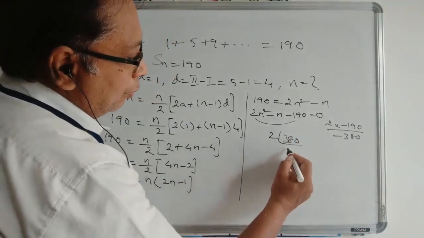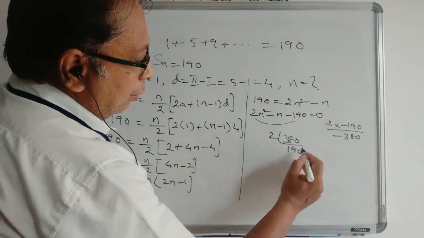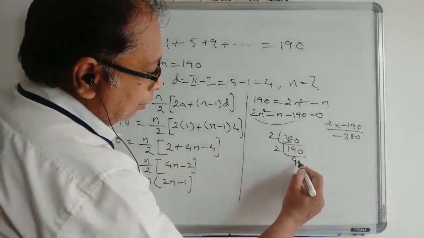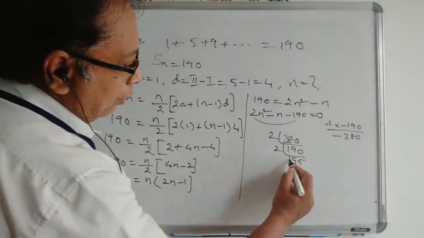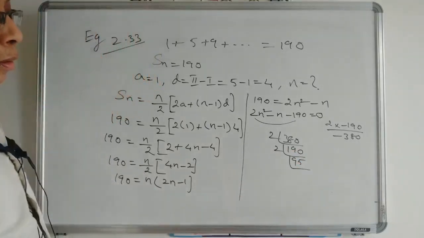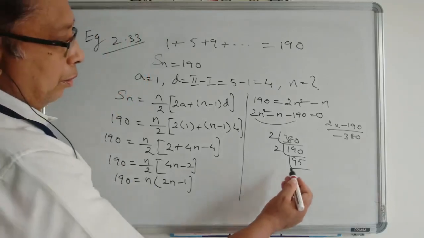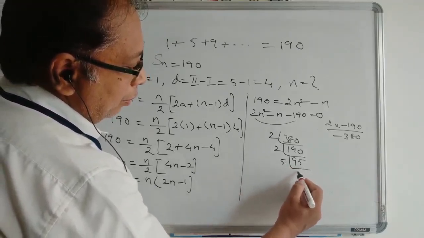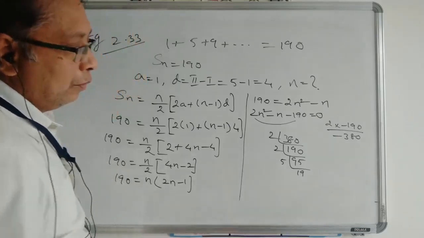Therefore we factorize 380. We reduce by 2: 190. Again dividing 190 by 2, we get 95. Next you take 5 and divide 95, therefore 19 times.